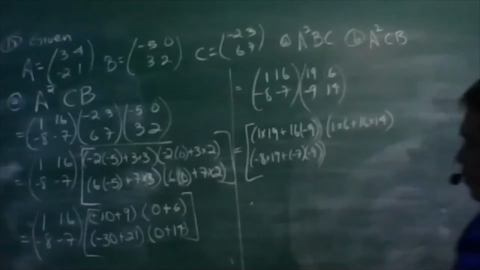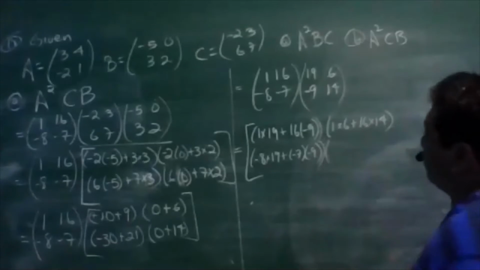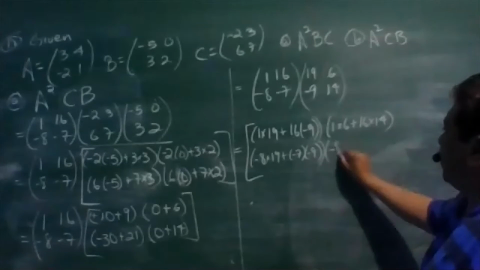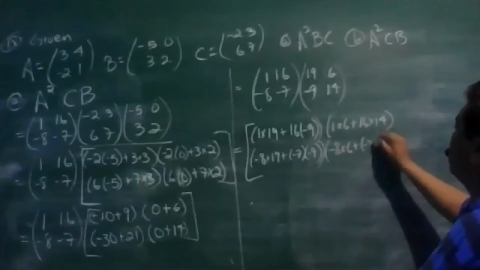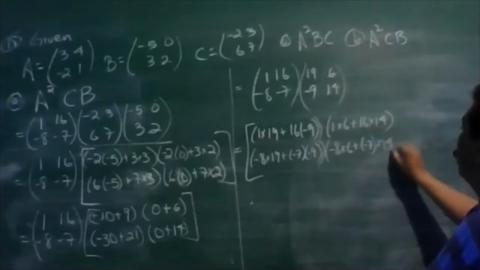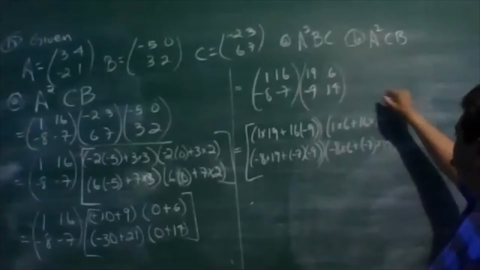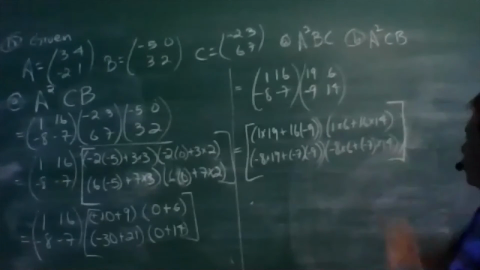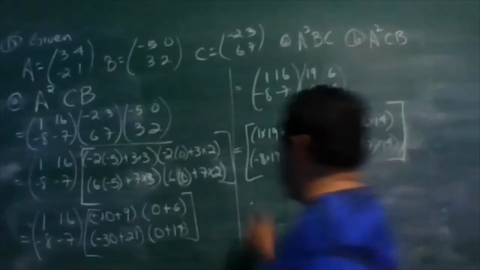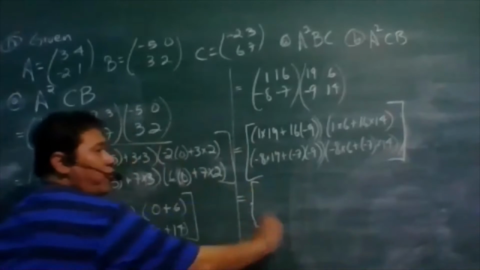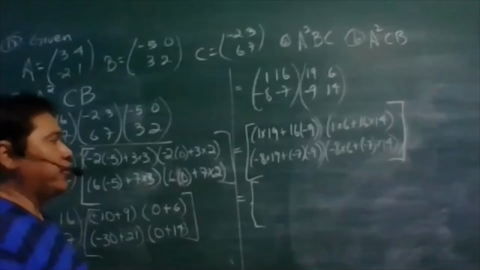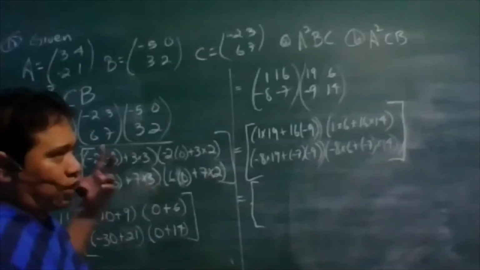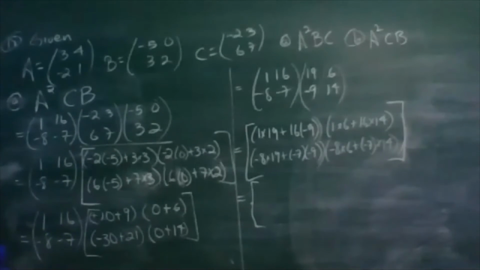That's my third element. And then my final element is going to be -8 times 6 plus -7 times 14 as my final element. So this will produce my answer, but as we said before, it's going to be a lot bigger numbers than the usual that we looked at before.